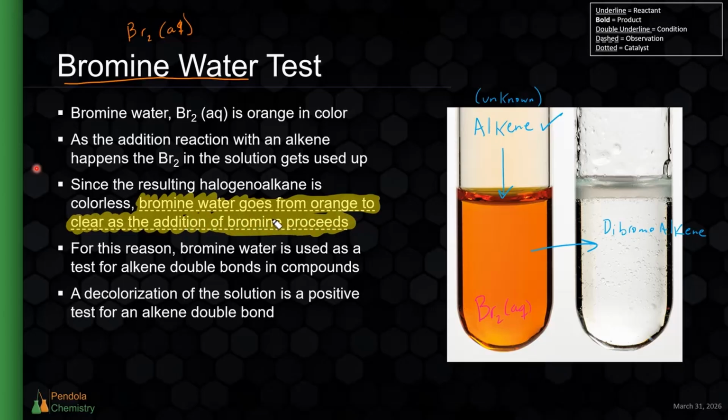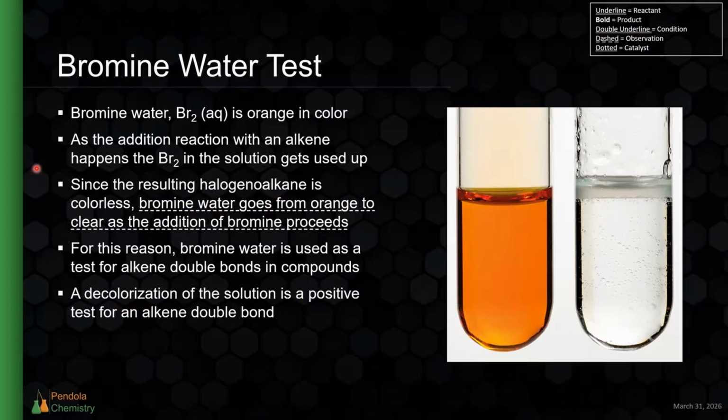Meaning that an orange to clear solution, when an unknown is added to bromine water, is a positive test for an alkene. So the positive test would be the decolorization, is what we call it, of the bromine water, because it loses its orange color and becomes clear. So that's an observation that happens during the bromine water test.